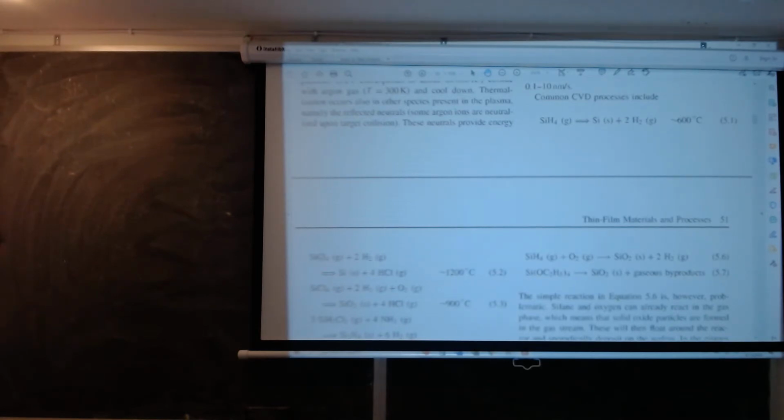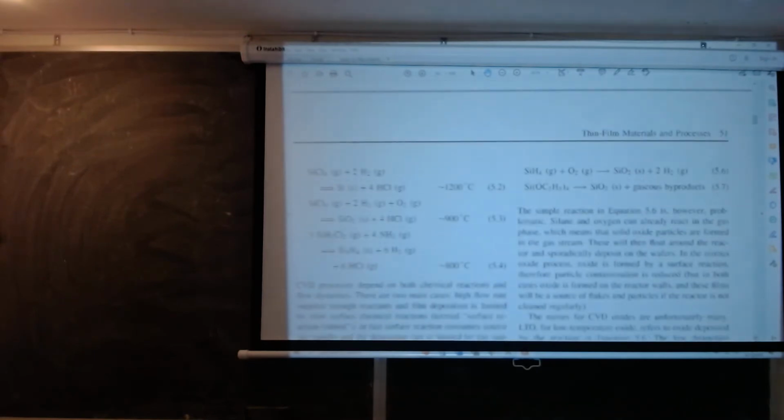Or you can use silicon tetrachloride to do the same thing. And so basically, at a very high temperature, you can cause these reactions to take place, and you can deposit silicon, silicon dioxide, and silicon nitride. Particularly silicon nitride is a useful dielectric film in lots of microelectronic devices.